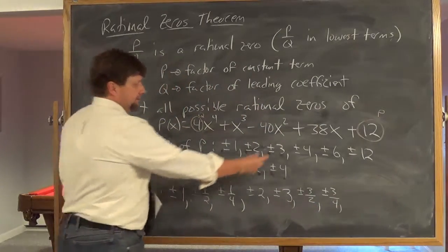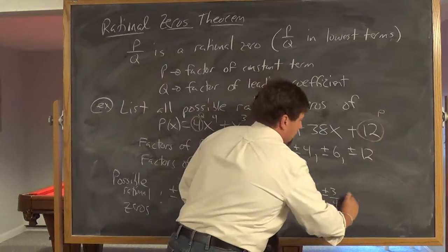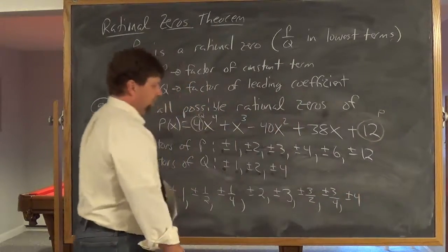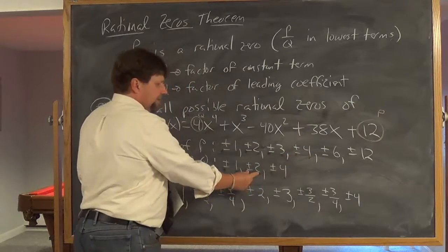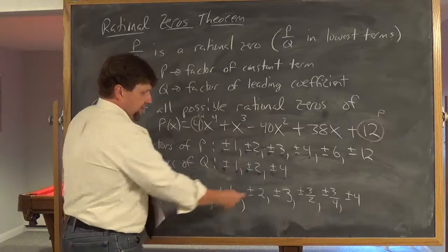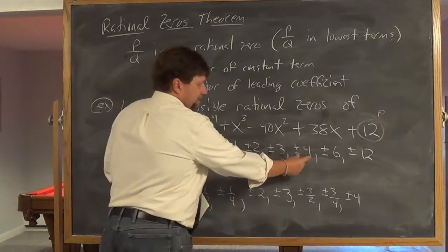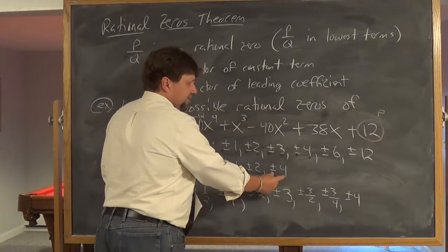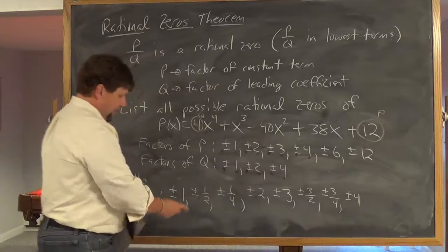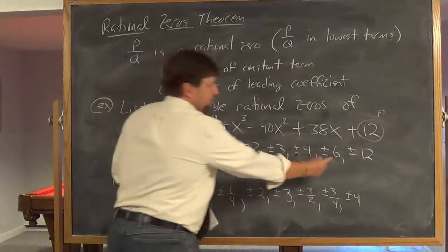Move to the next one. Plus or minus 4 over plus or minus 1 is plus or minus 4. Plus or minus 4 over plus or minus 2 reduces to plus or minus 2. I already have it listed. And plus or minus 4 over plus or minus 4 reduces to plus or minus 1, which I have listed. So I move to the 6.